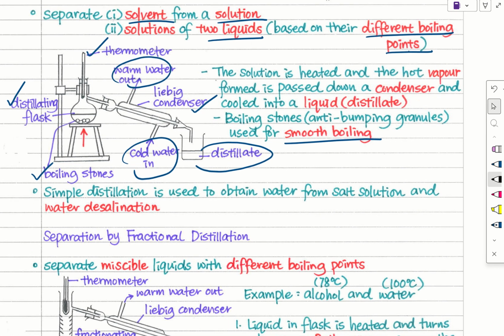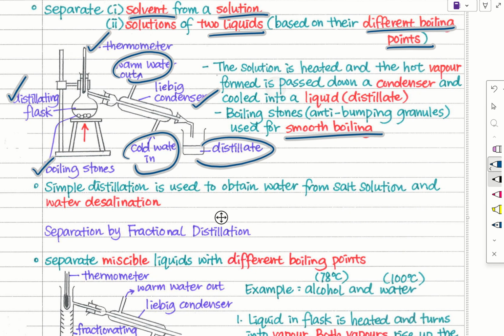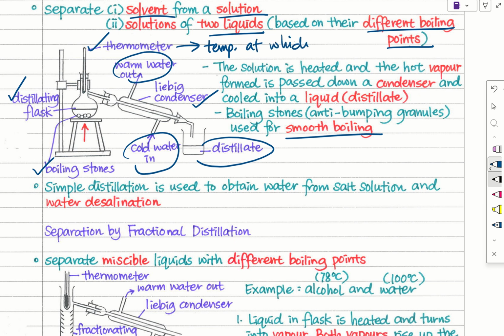Okay, so you also need to know the function of the thermometer because we may want to get a certain liquid out, and this liquid has a fixed boiling point. The pure liquid has a fixed boiling point. So the thermometer will be able to tell us the temperature at which the vapor is produced, right? Because it is heated up, the liquid that has a lower boiling point will actually form the vapor first.